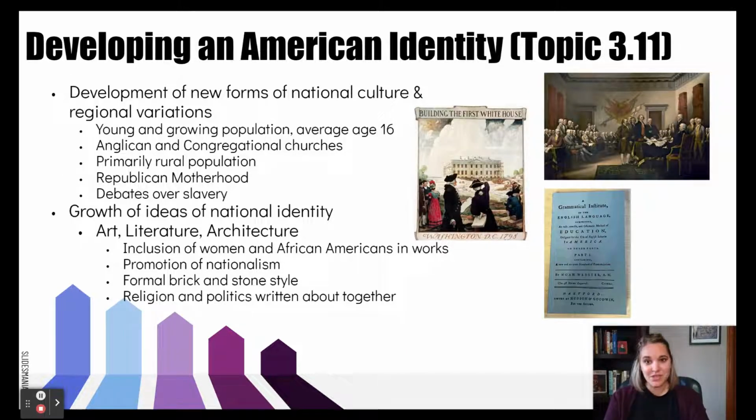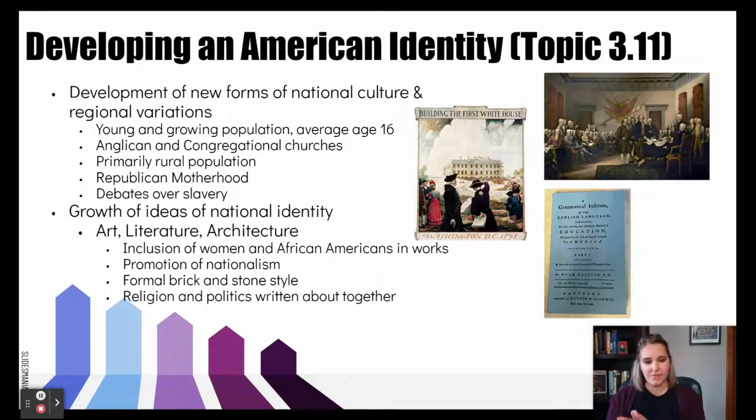All right, another concept related to 3.2 is the development of an American identity. Looking at how we start to see a national culture developing, we can see this reflected through art, literature, and architecture. We see some ideas such as nationalism. We see women taking a stronger role in American literature.